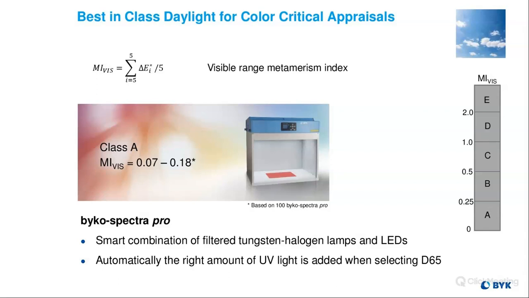So with current technology, that is the most accurate D65 light source you can achieve. Using those filtered tungsten halogen lamps and those LEDs, it also automatically sets the right amount of UV light that real daylight outside would have.